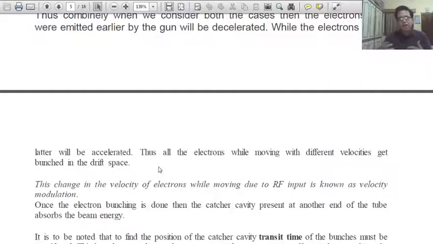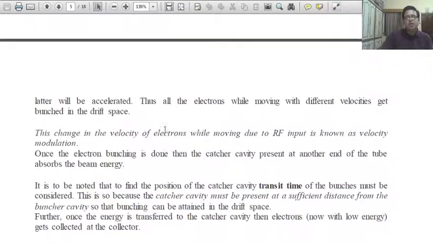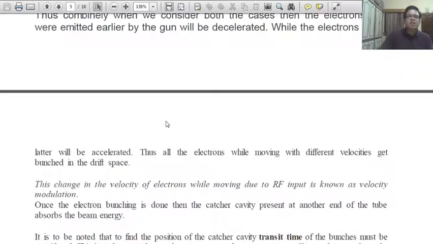If the slower become faster and the faster become slower, then after some time they reach a point together and a bunch forms there. So due to this acceleration and deceleration, electron bunching exists in the drift space.